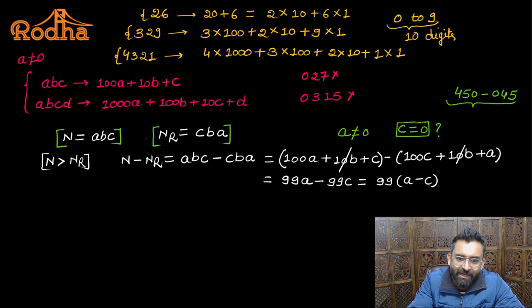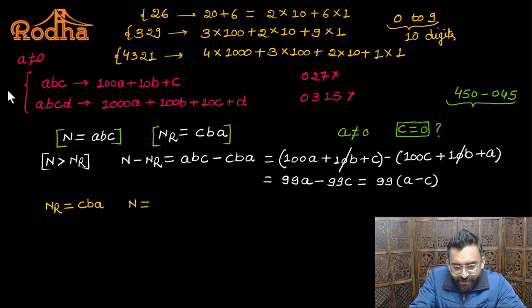If I look at the other case, let's say NR, that is the number obtained after reversing the digits, that is CBA, and the original number, we already know, is ABC. The number obtained after reversing the digits is more than the original number, and then I calculate the difference. So what am I going to get?